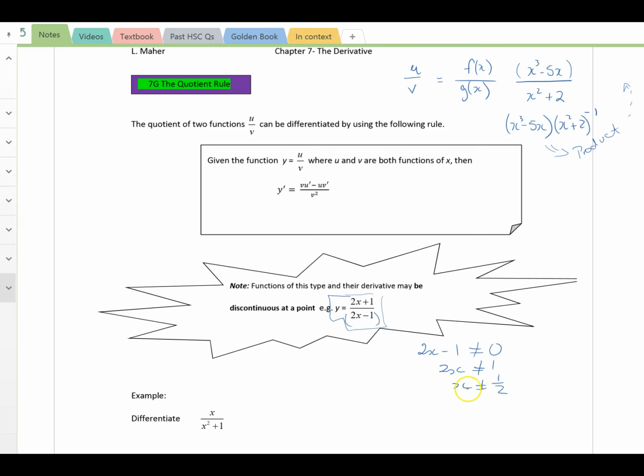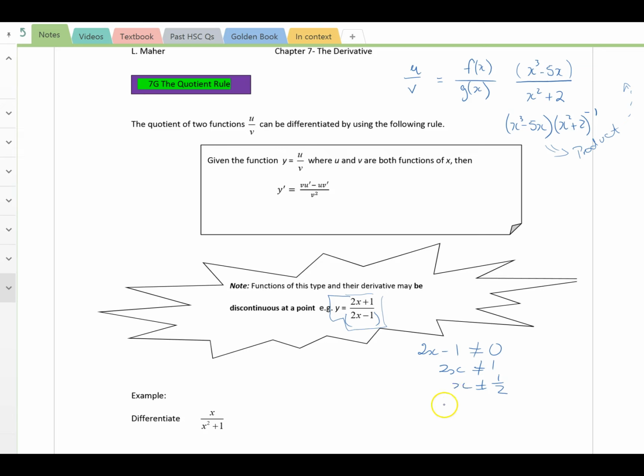So I must say I have never seen a question where you've been asked to find the gradient where x is equal to a half, for example, in this case. And I'm sure that if you tried to put x equal to a half into the expression that you've created, then you will come across the 0 in the denominator.